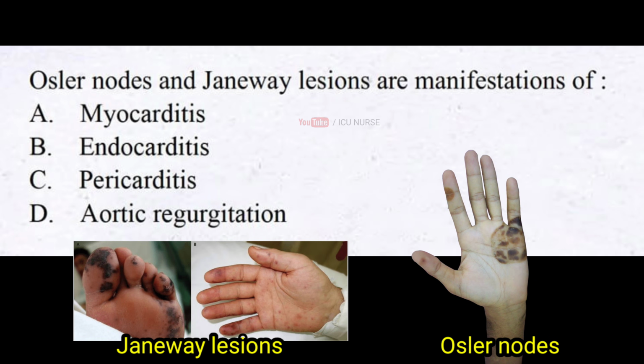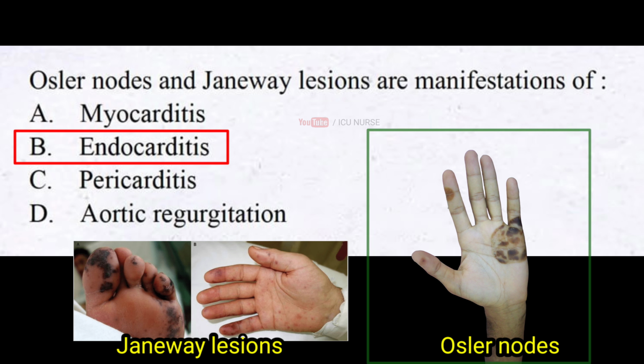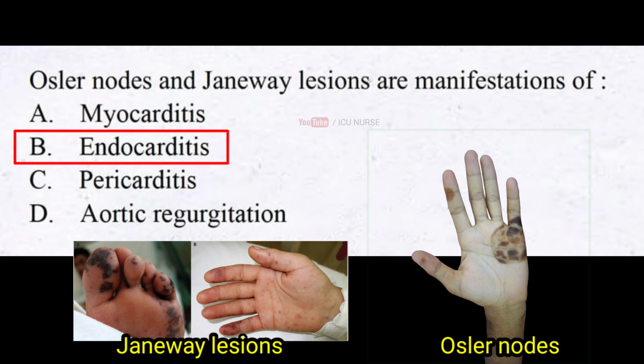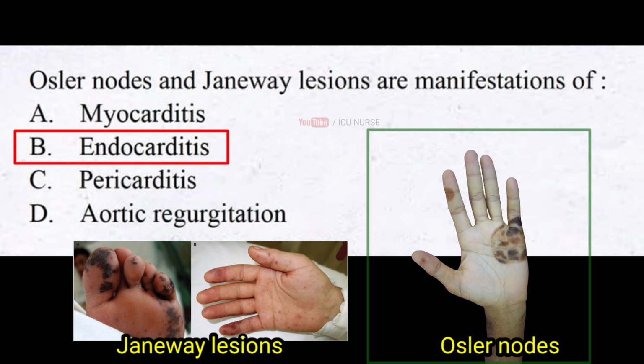Osler nodes and Janeway lesions are manifestations of A. Myocarditis, B. Endocarditis, C. Pericarditis, D. Aortic regurgitation. And the correct answer is B. Endocarditis. Osler's nodes result from the deposition of immune complexes. The resulting inflammatory response leads to swelling, redness, and pain that characterize these lesions.